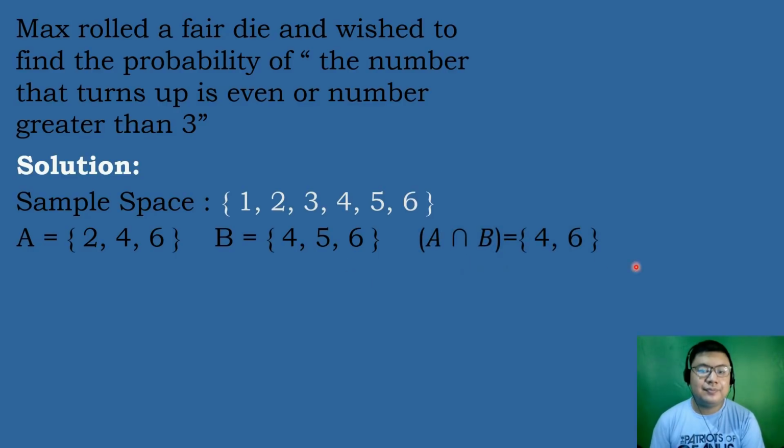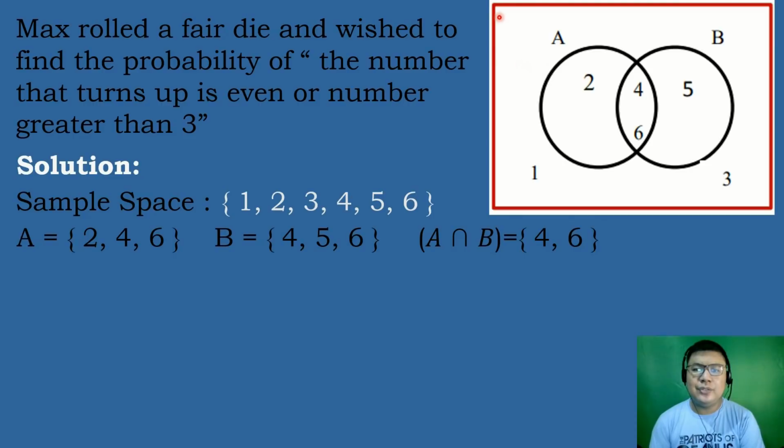After that, we will get the intersection of A and B. A intersection B are the numbers which are in both set A and set B, which are the numbers 4 and 6. So A intersection B are the numbers 4 and 6.